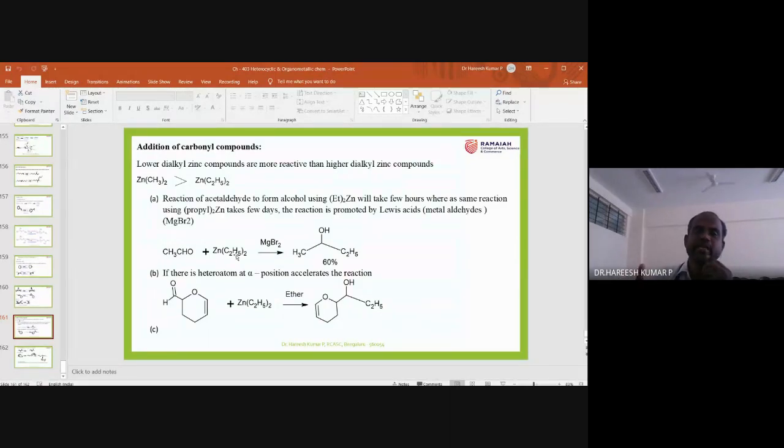The second name reaction is called the Simmons-Smith reaction, in which dialkyl zinc is the reagent. Of course, dialkyl zinc also reacts with carbonyl compounds and leads to the formation of alcohols. So with this, I will go to the next slide.